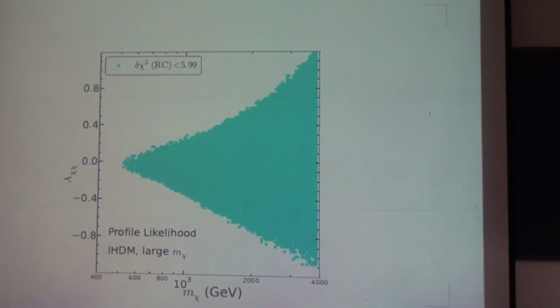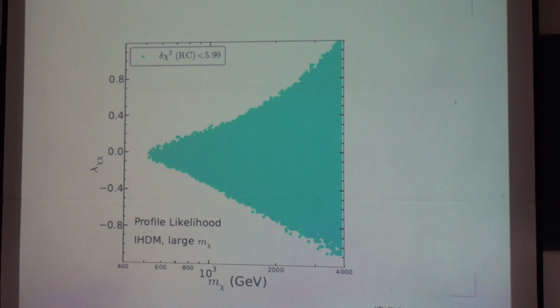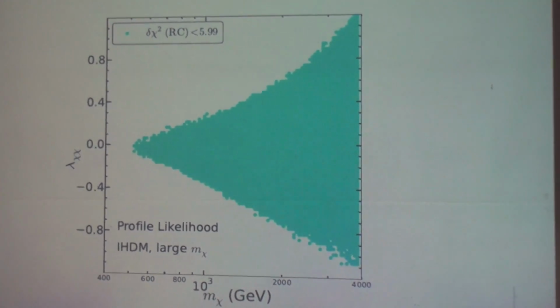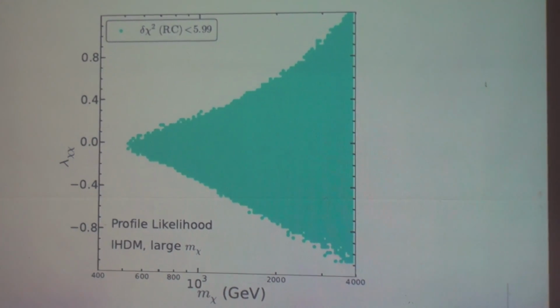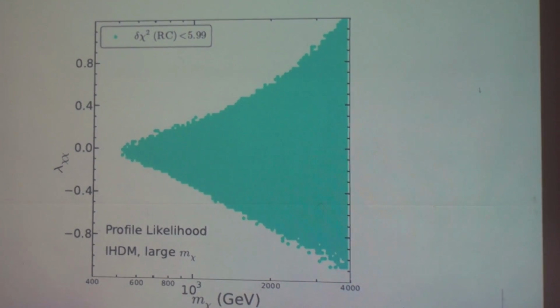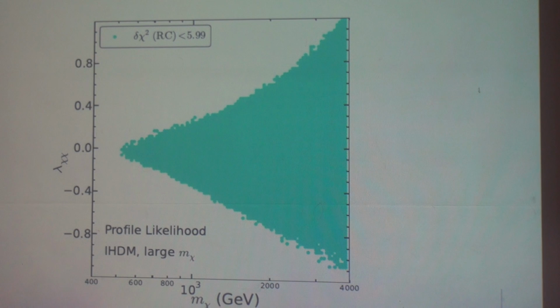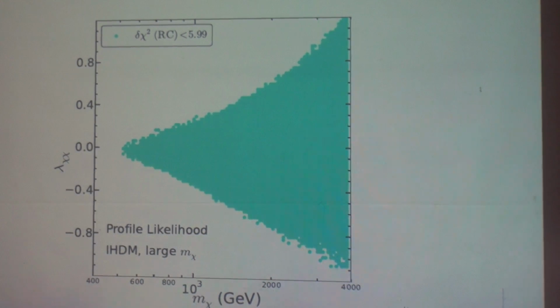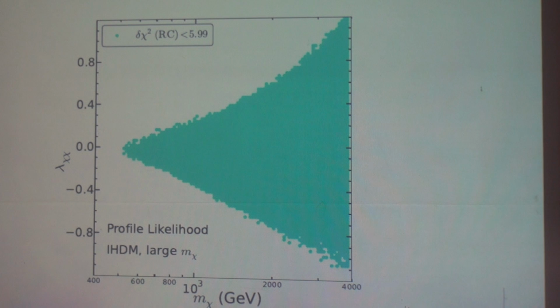All the other constraints, unitarity, perturbativity, are there, but not the relic density. The relic density will just limit lambda chi to a range. But lambda chi is a mixture of lambda 3, lambda 4, and lambda 5. You can play with those 3 and tune; I don't think it's complicated to realize.